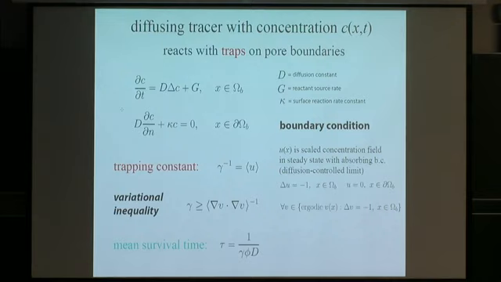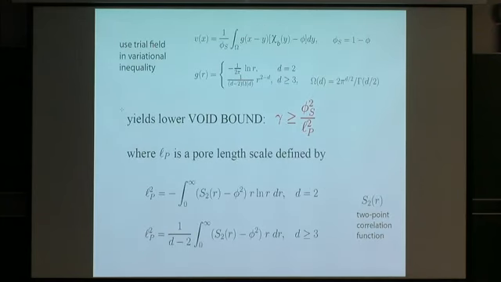Might not be a good bound, but it gives you a bound. And the idea is you want to search for better trial fields that give you really good bounds. And this trapping constant is then related to a mean survival time. How long, in other words, when it hits the boundary, it gets sucked in. And so how long might a diffusing particle survive?